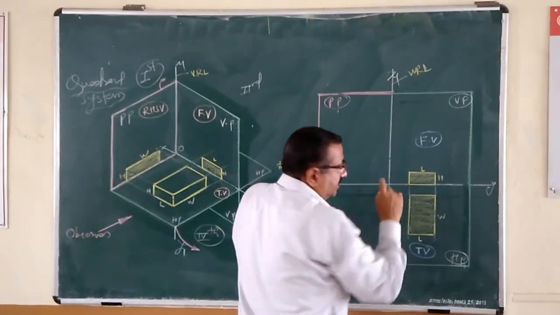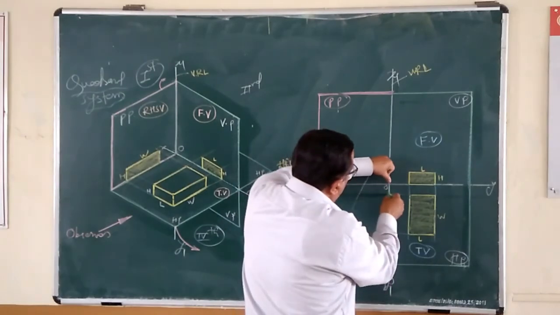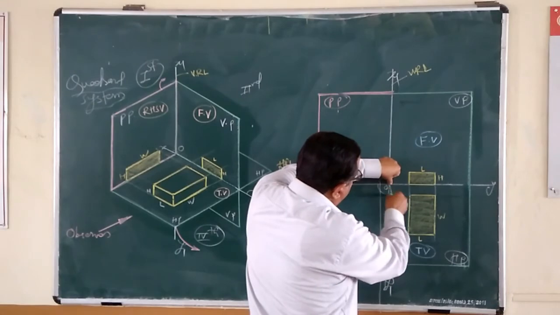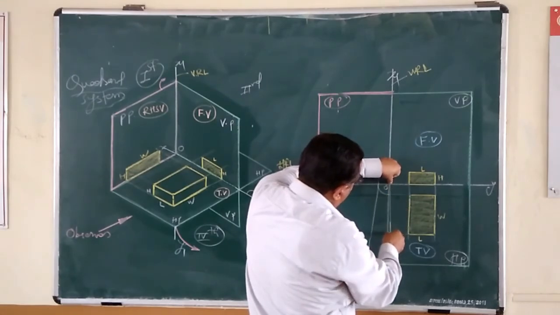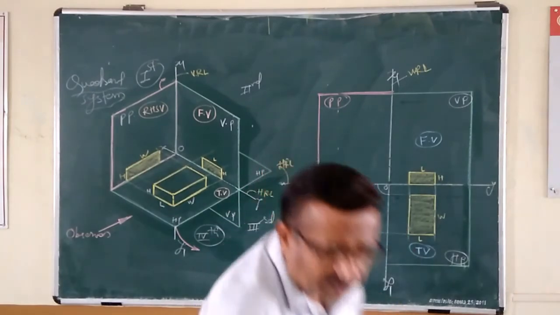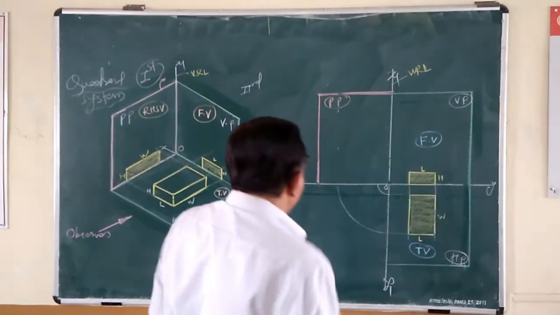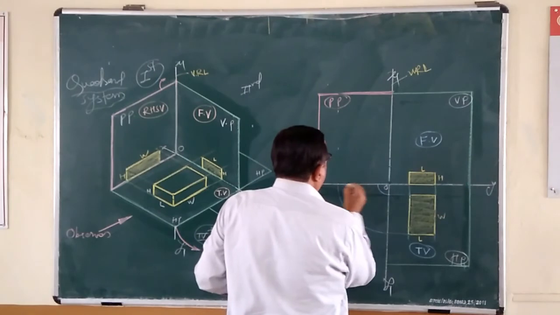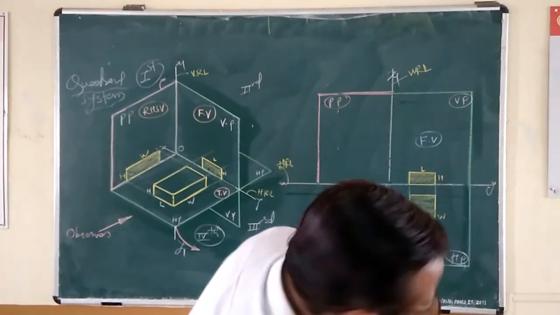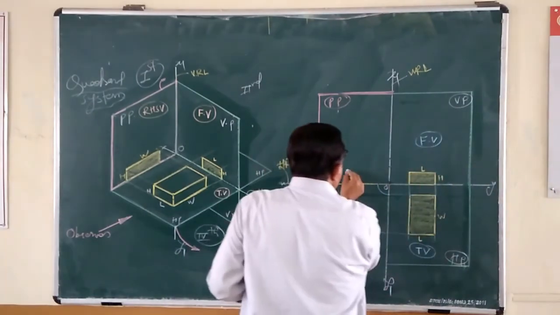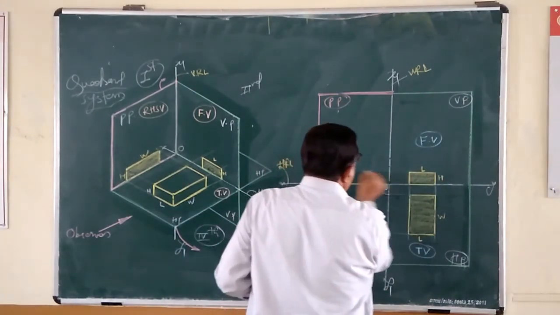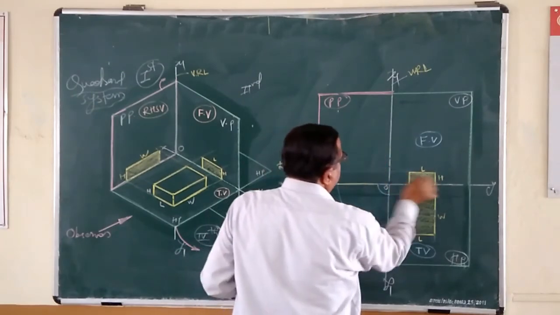Put the middle of the compass over O and go on projecting these horizontal projectors, 90 degrees in this way above O, so that the corresponding width we have got over HP, and from here this is the width. Similarly, from the front view also you have to project back, reverse project over the profile plane in this way.